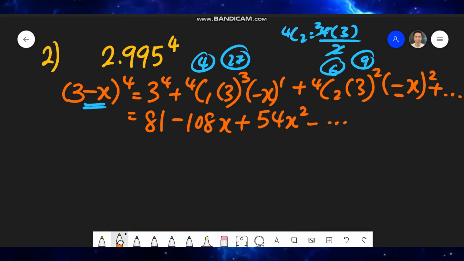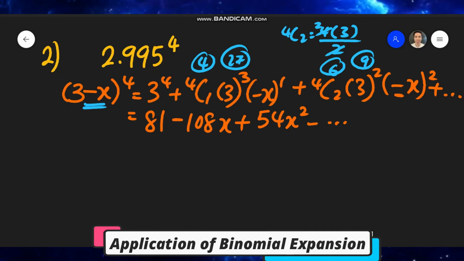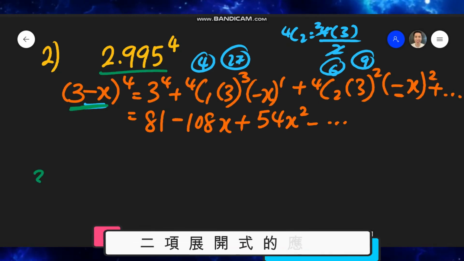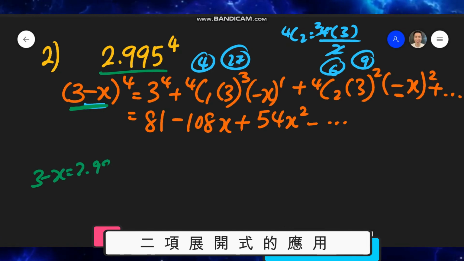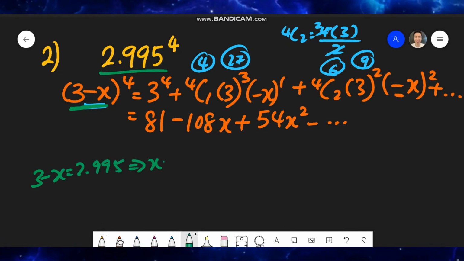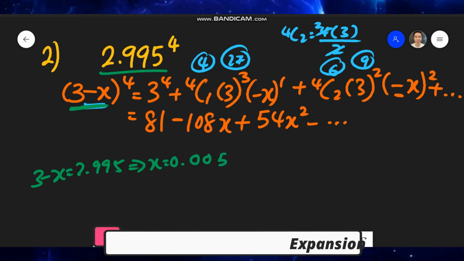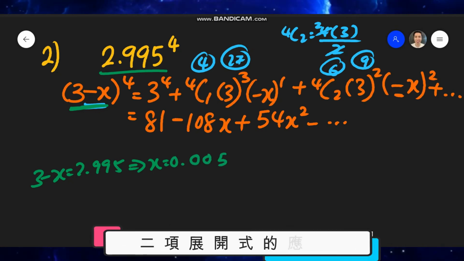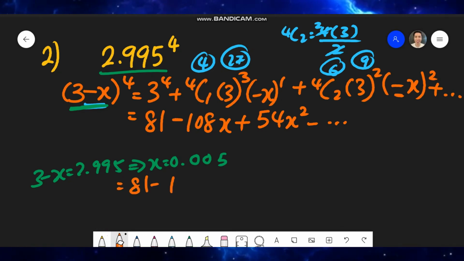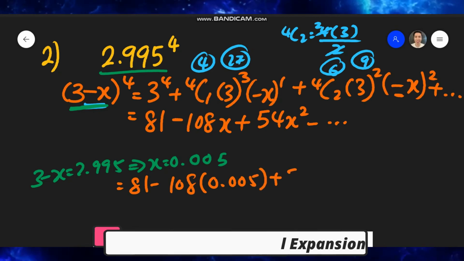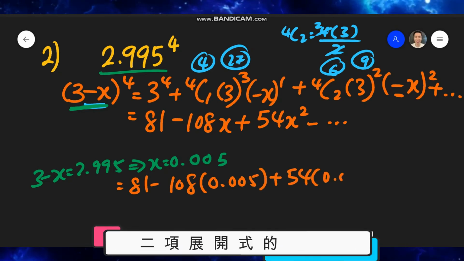So next, we can just equal this 3 minus x with 2.995. 3 minus x equals 2.995. So hence our x will be, how much is it? It's 0.005, right? Okay, next we may put it into the equation. So we have 81 minus 108, 0.005 plus 54, 0.005 square, right?